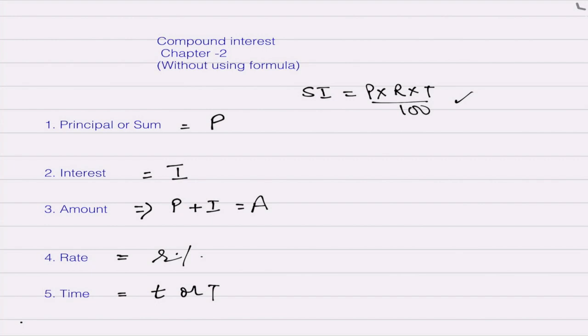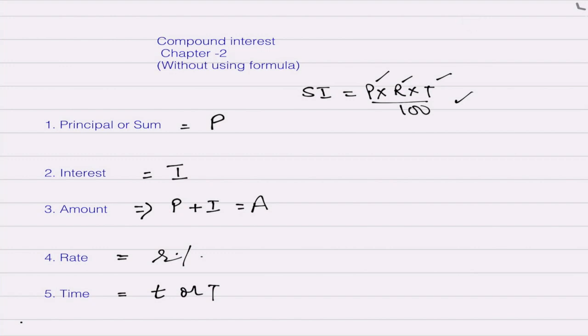In such cases, the interest received in the first year is not given to the money lender. They add that interest to the original principal, and the amount so obtained is called the principal for the second year, and the amount at the end of the second year becomes the principal for the third year, and so on. So in simple interest, the principal, rate and time remain fixed.